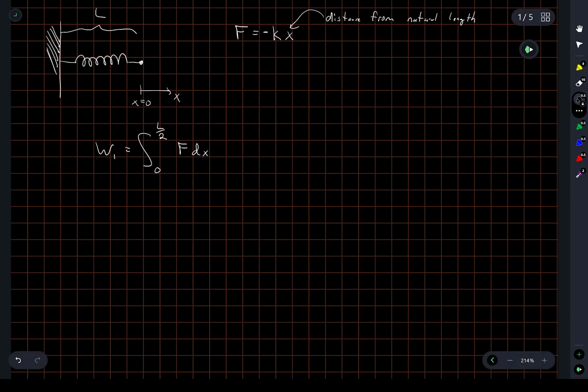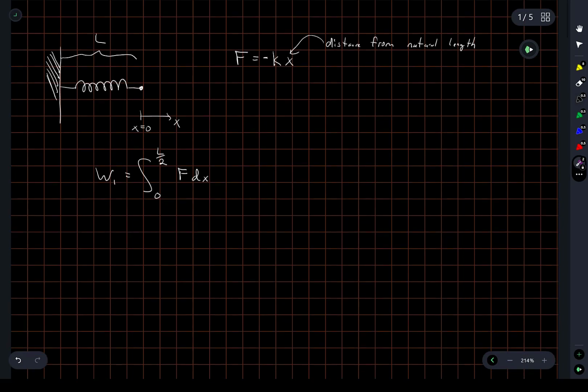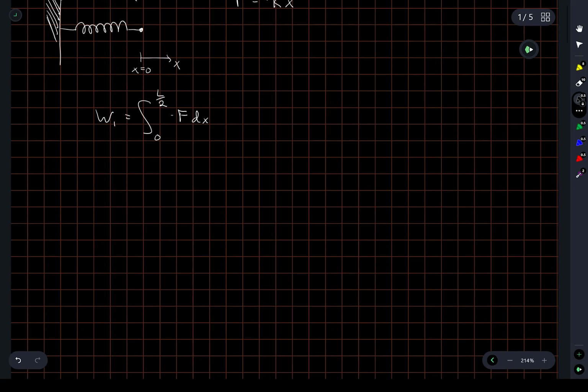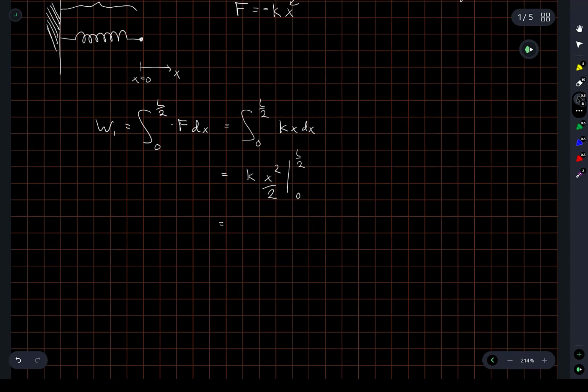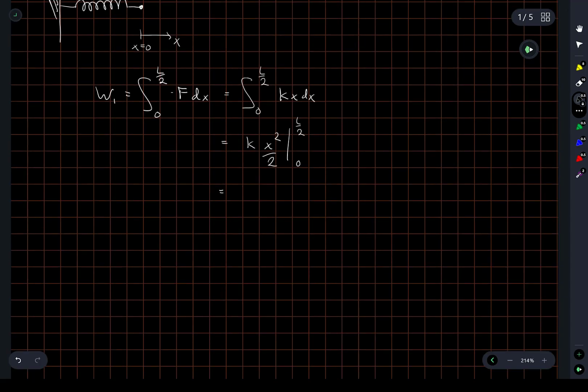I suppose it's actually negative f dx, because the way I've written this f is the force that the spring exerts on this point, but the work that we're doing is in the other direction of that, so I'll put a negative sign here. So from 0 to L over 2 of kx dx. And just doing this integral and evaluating at the two endpoints, I have k times L squared over 8.